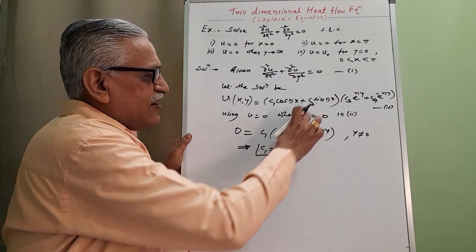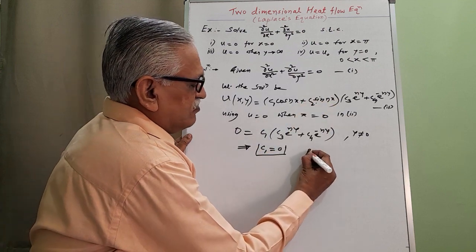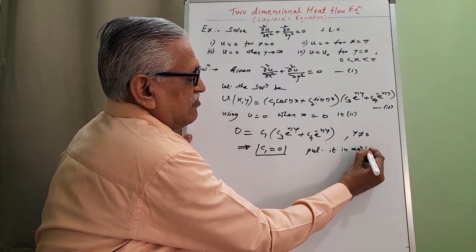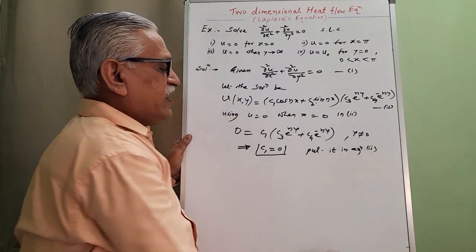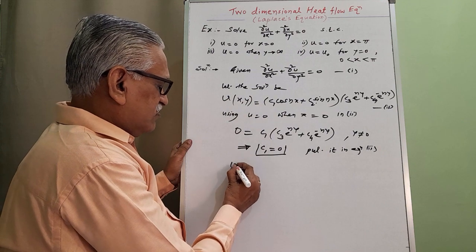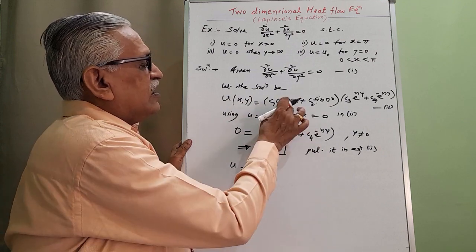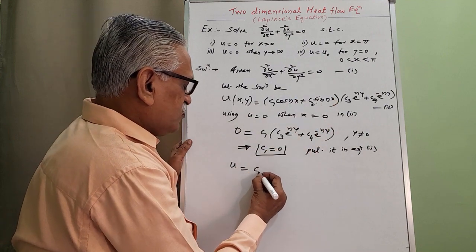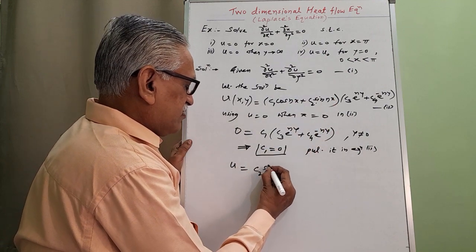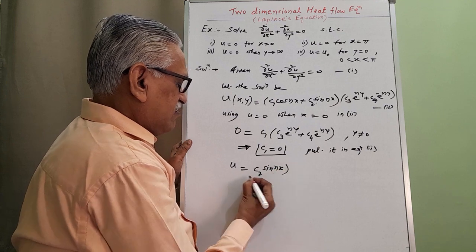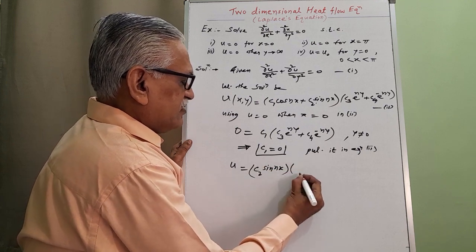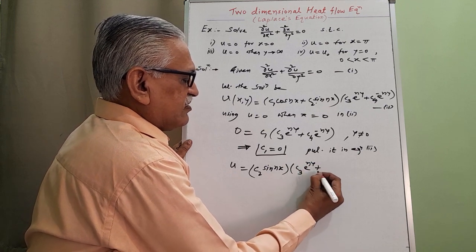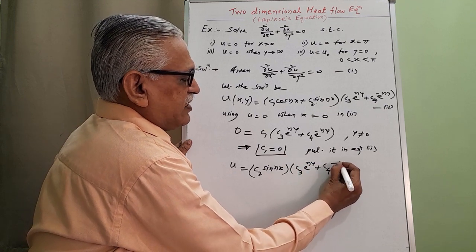Therefore, substituting that value in equation 2, we get u equals c1 is 0, therefore this term becomes 0. We get c2 sin nx multiplied by (c3 e^(ny) + c4 e^(−ny)).